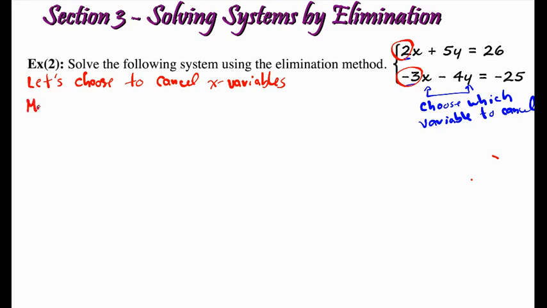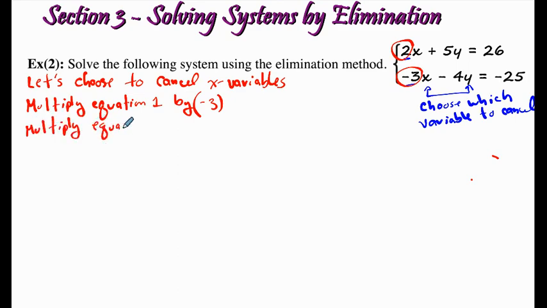So multiply equation 1 by -3, and then we're going to multiply equation 2 by 2.